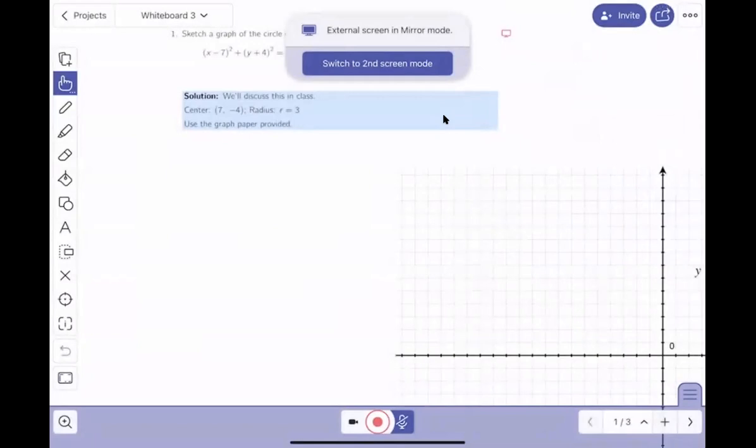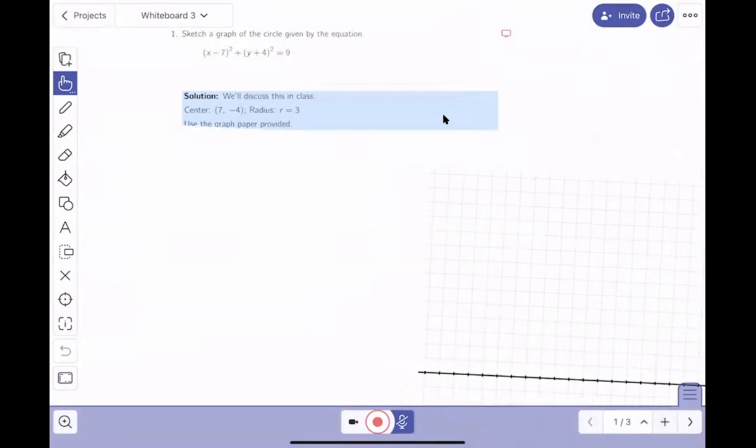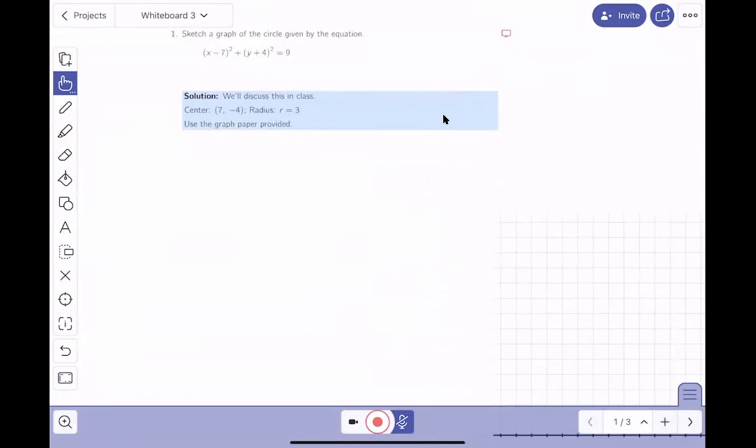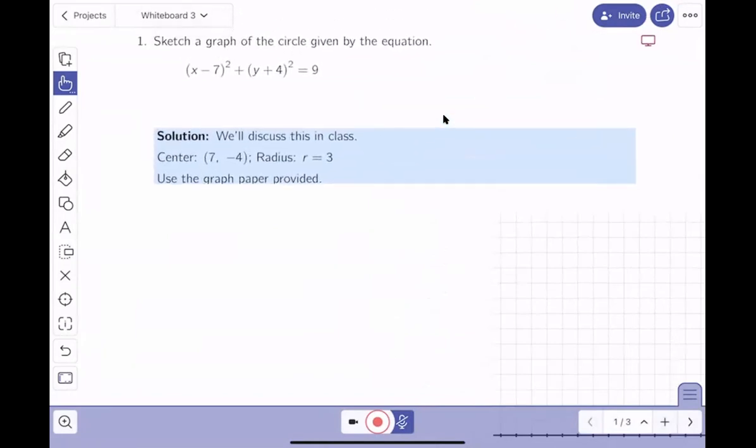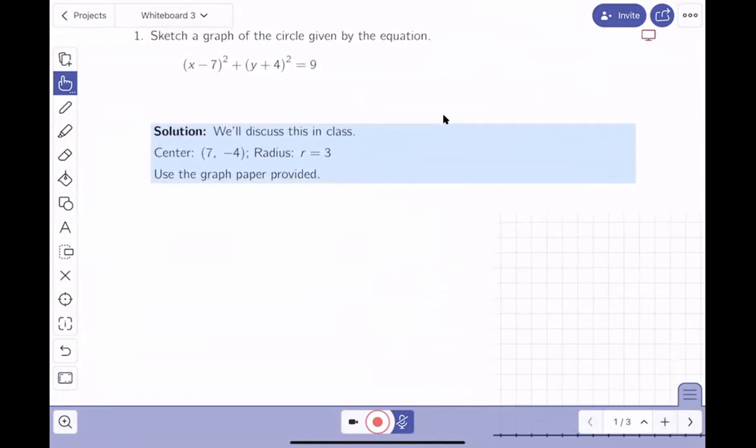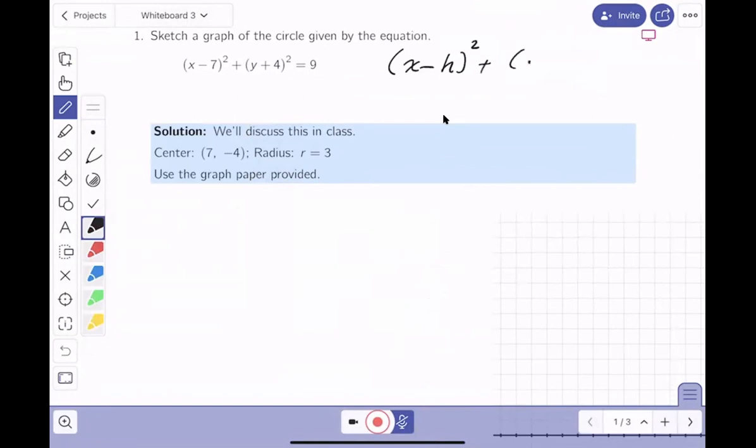Okay, so we're on example number 1. And let me just, I'm going to pull this graph paper on the side a little tiny bit. And I'm going to blow this thing up here. All right. So the first thing I'll discuss with you is just this circle's in standard form. And what I mean by that, it's written as (x minus h) squared plus (y minus k) squared equals r squared.